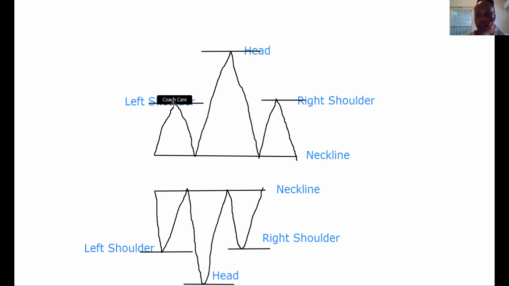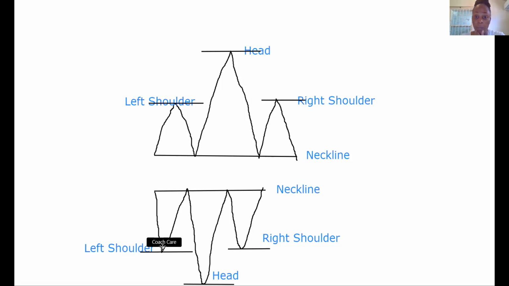But in most cases, you will find that the right shoulder meets the same resistance as the left shoulder. The same thing applies to the inverted head and shoulder. The right shoulder meets the support of the left shoulder in most cases. So in most cases, they both align. All right, so that's very important for you guys to know.